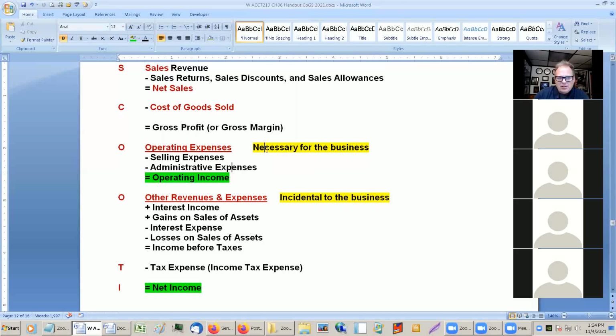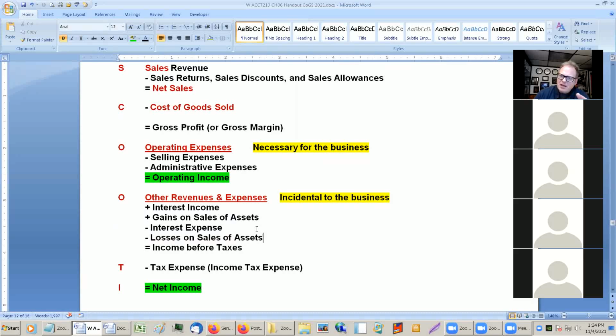But anyway, these are things that are necessary for the business. And we put these things that are down here that are incidental. Gains on sales of assets, losses on sales of assets. These are things like, you have a pizza delivery truck and it's getting old, so you buy a new pizza delivery truck and you sell the old one. Now, you're not in the business of selling trucks.